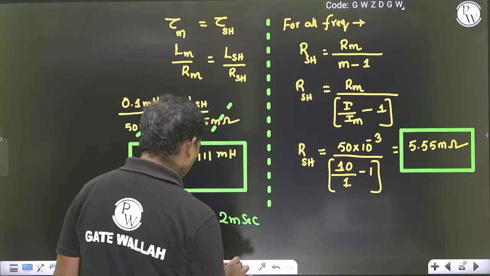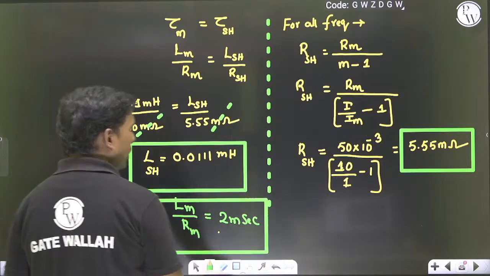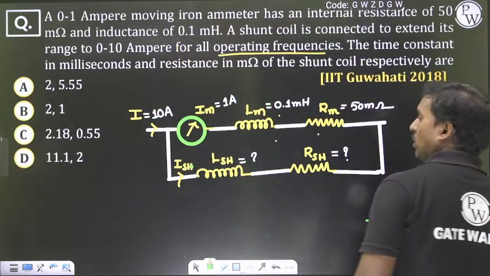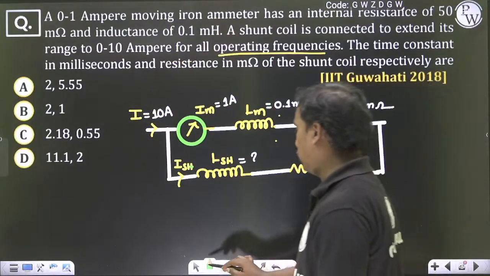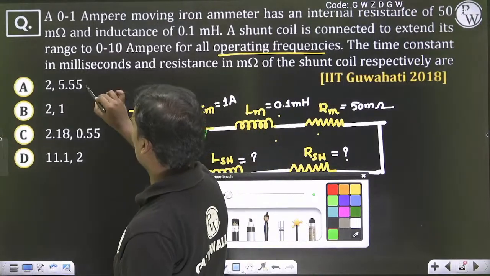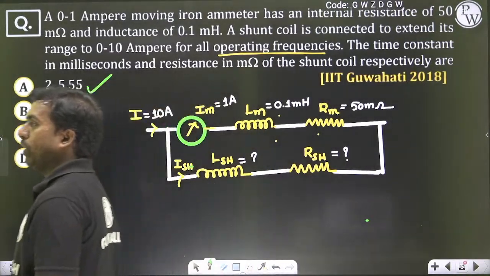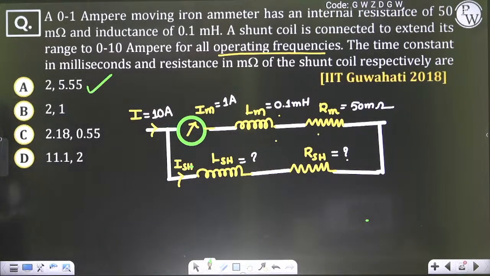So we got the time constant, and we got the shunt resistance 5.55, and 2 milliseconds. So the right answer is the option. Very, very good quality questions. Don't miss these questions. Hope you got it. Next.